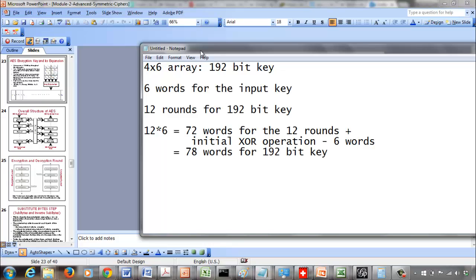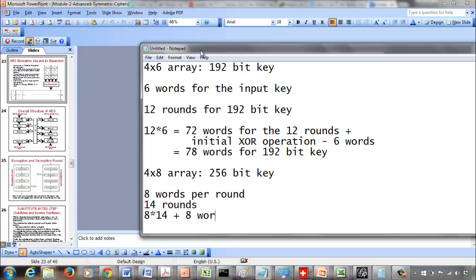Now if it is a 256-bit key, it's going to be a 4x8 array, right? So it's going to be 8 words per round, and we have a total of 14 rounds, so that will be 8 times 14 plus the initial 8 words for the initial XOR operation.